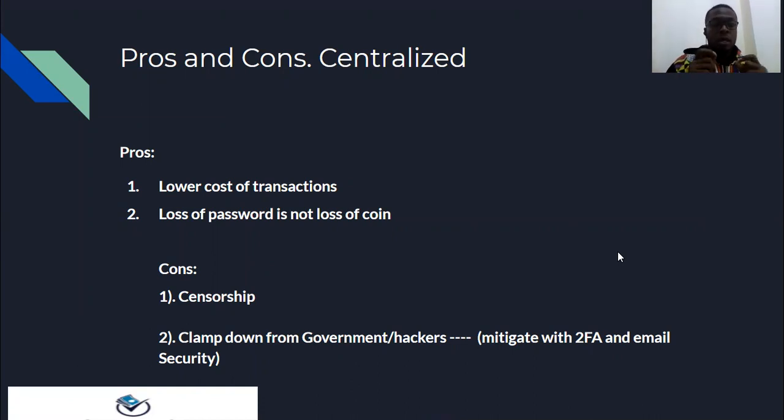All right. Also, when you lose your password on a centralized exchange, you have not lost it all, because most of them will require you to do what we refer to as KYC. That's know your customer. So you upload your ID, upload an address and stuff like that. Your email gets verified. They get a lot of information from you, and they use this for censorship, one.